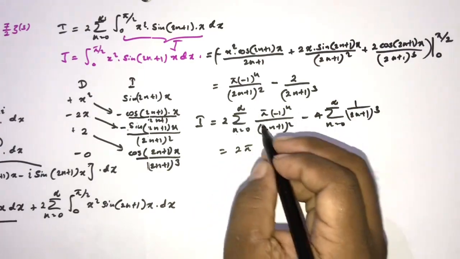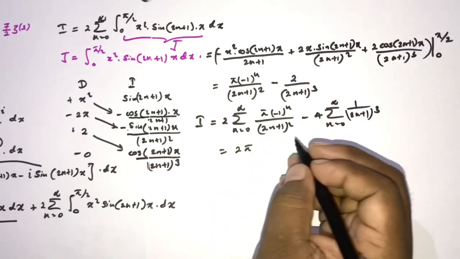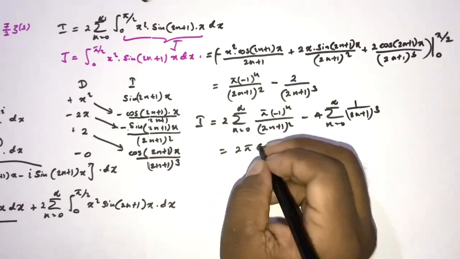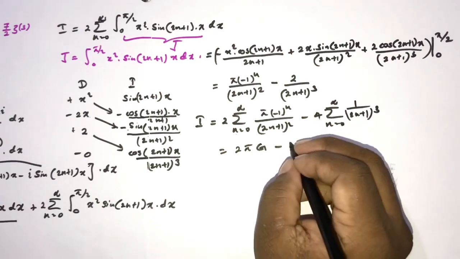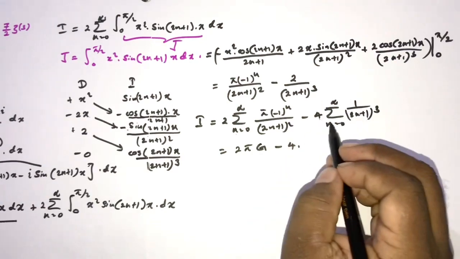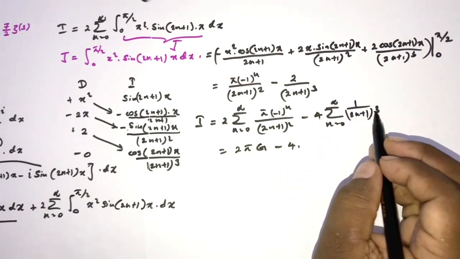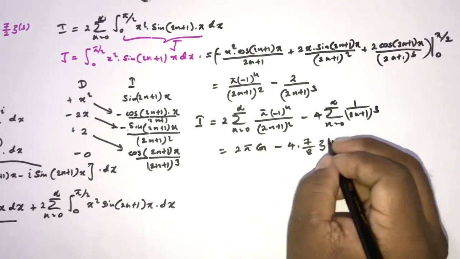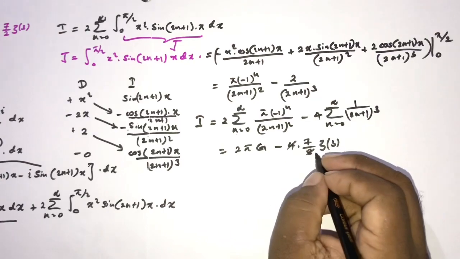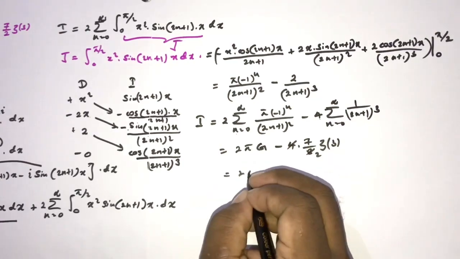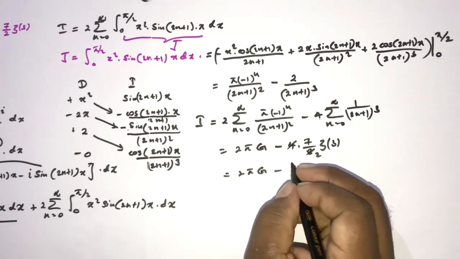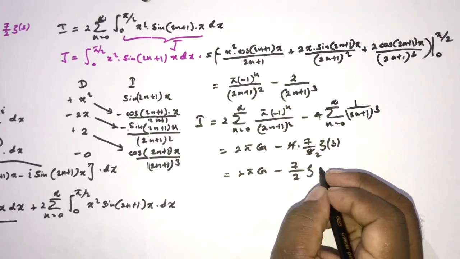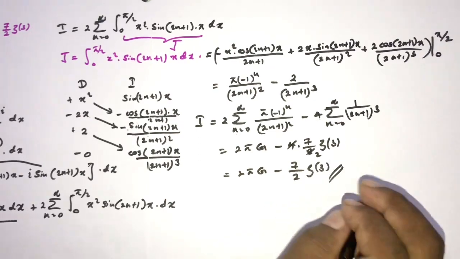We know the series representation of Catalan's constant, so 2 pi G, and here minus 4 times the sum of 1 over 2n plus 1 to the third power, which we know is 7 over 8 zeta of 3. So the 4 gets cancelled, and we have 2 pi G minus 7 over 2 zeta of 3. Okay, this is the answer.